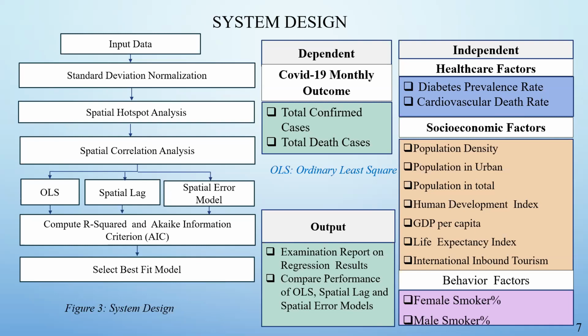Then the socioeconomic factors included population density, population in urban areas, total population, human development index, GDP per capita, life expectancy index, and the international inbound tourism index.